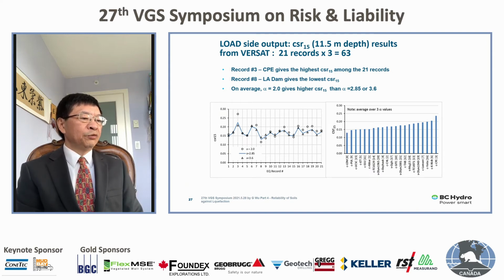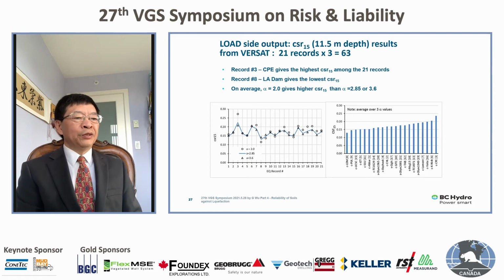The circle is for Seed's equation for the Km factor, the line is Idriss, and the triangle is Seed and Idriss. Most of the time, the alpha from Seed's equation gives you the higher demand. They are plotted in circles, and the line is more or less the average.